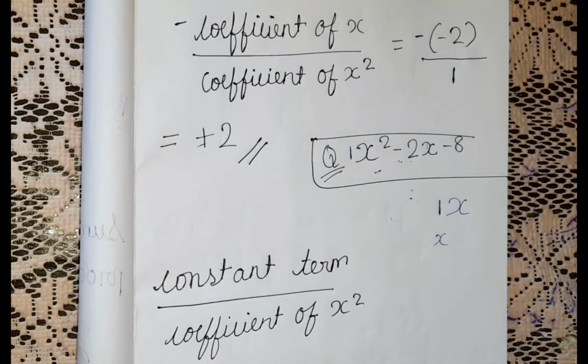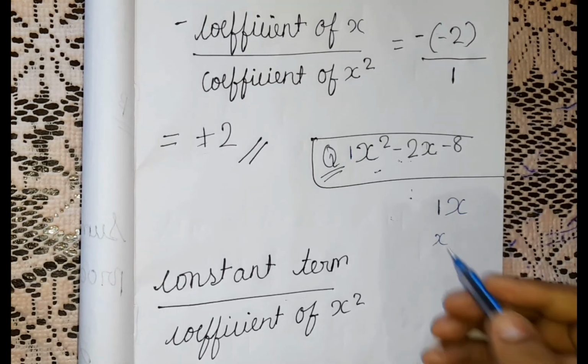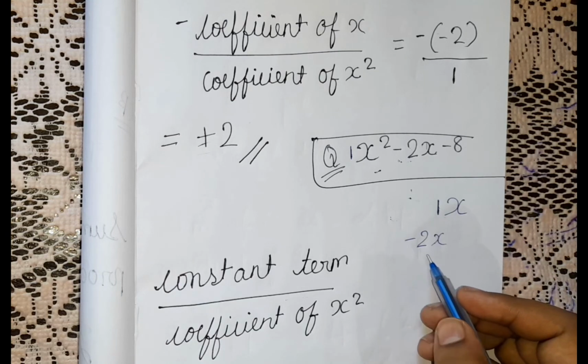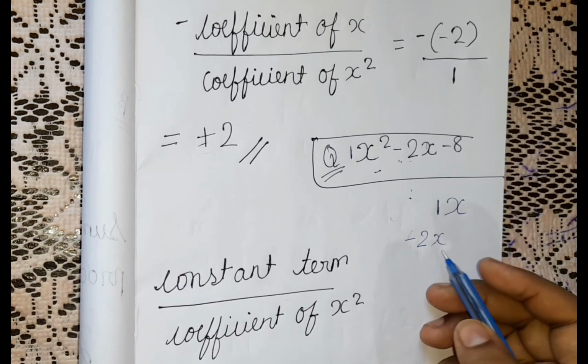Constant term means we have only one number, and that number should not have a variable. Variable means alphabet. For example, if we have minus 2x, this is the coefficient, it is not a constant term.